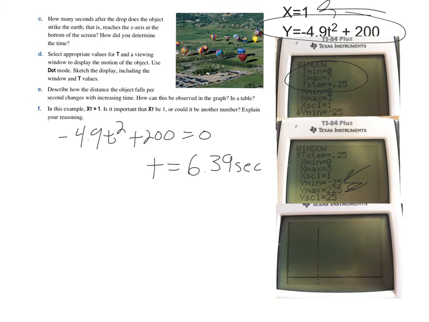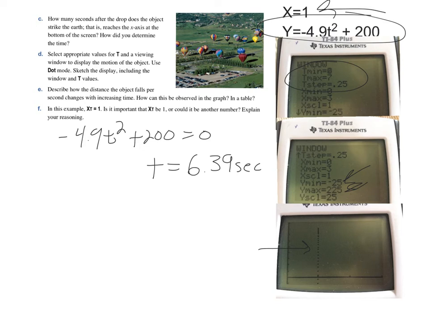Now, I'm not going to go into answering every single one of the remaining questions, but I think I've addressed quite a few of them. Just the last item that needs to be addressed is, notice that the distance between each dot appears to be getting larger and larger.